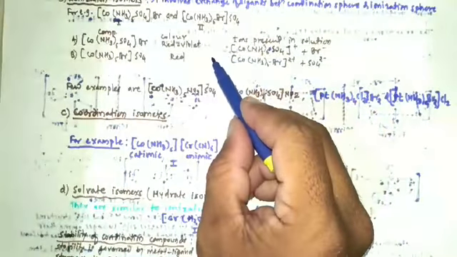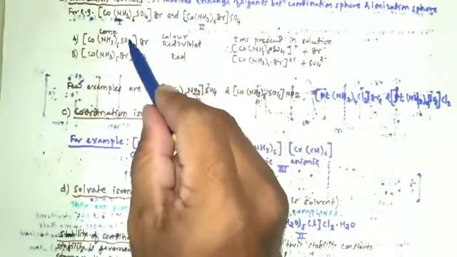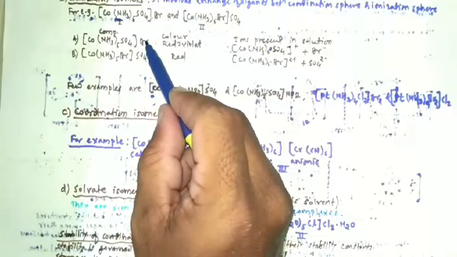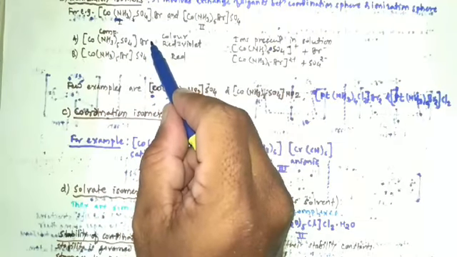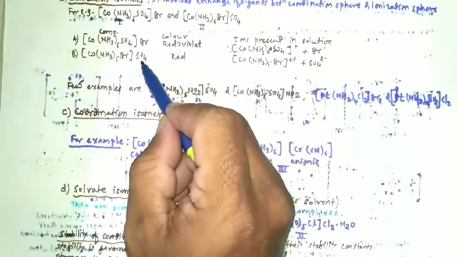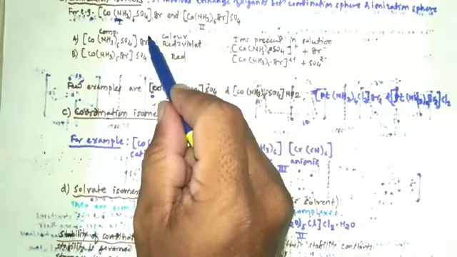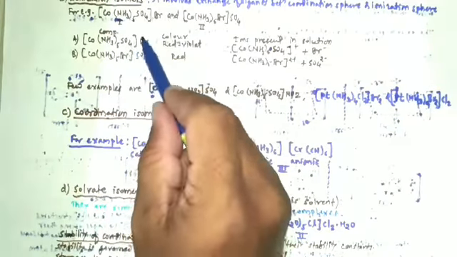So in the two isomers there is exchange of ions, namely Br- and SO4 2-, inside and outside the coordination sphere.